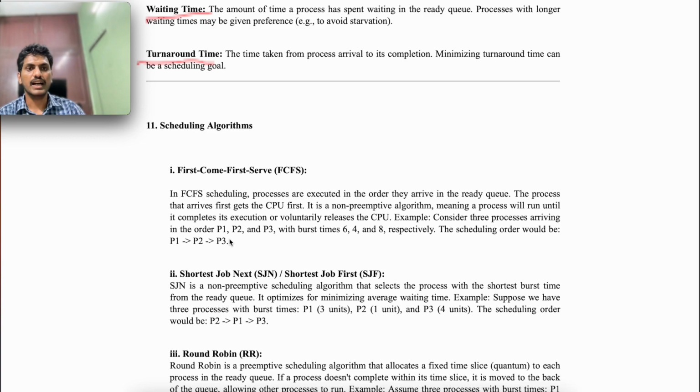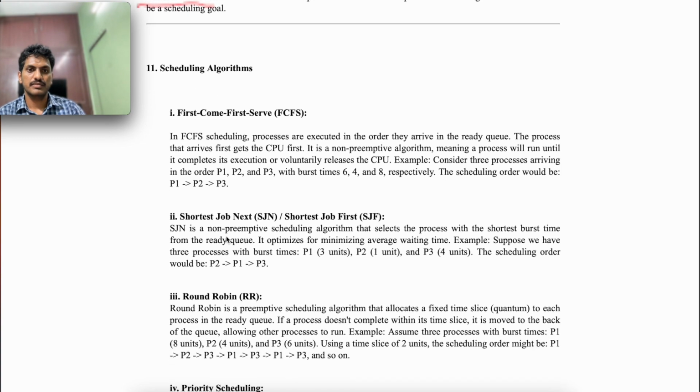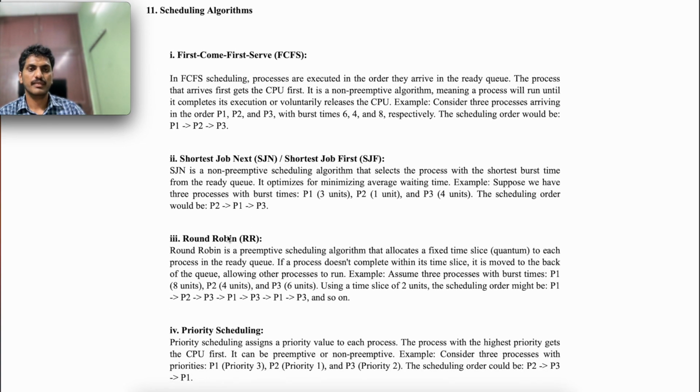Next, scheduling algorithms. We will see one by one what the scheduling algorithms are. First come, first serve: whichever process enters first is served first. Suppose we are taking tickets at the railway reservation counter.